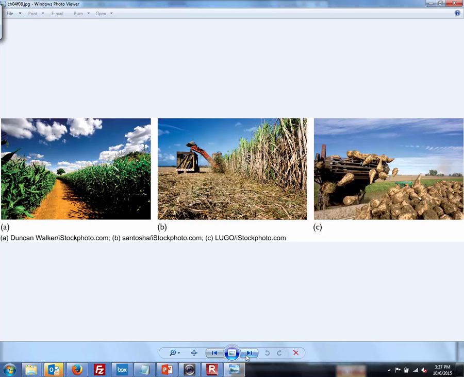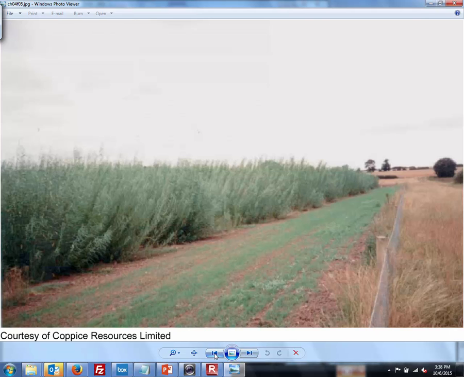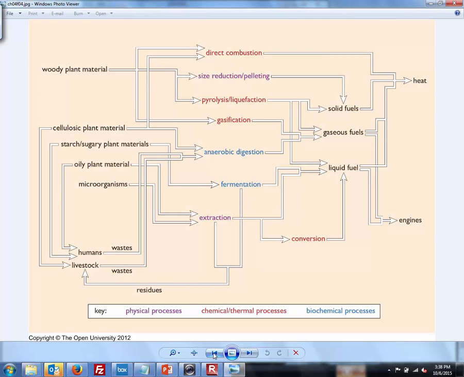So here's starches or sugars. If we go back to our categories of energy conversion, these could be used in anaerobic digestion, and there you would make ethanol or methane. Ethanol in the case of fermentation.